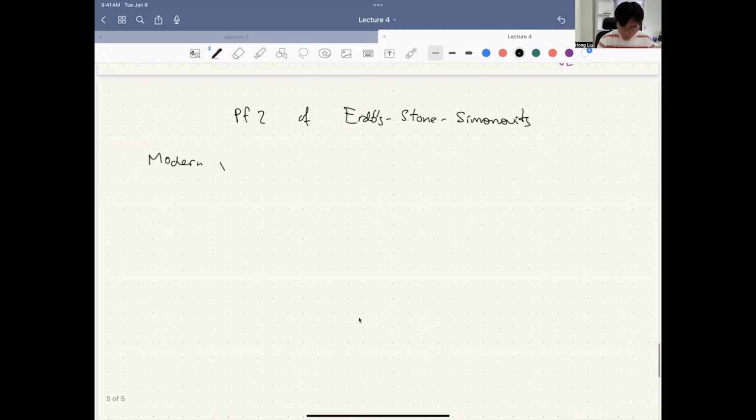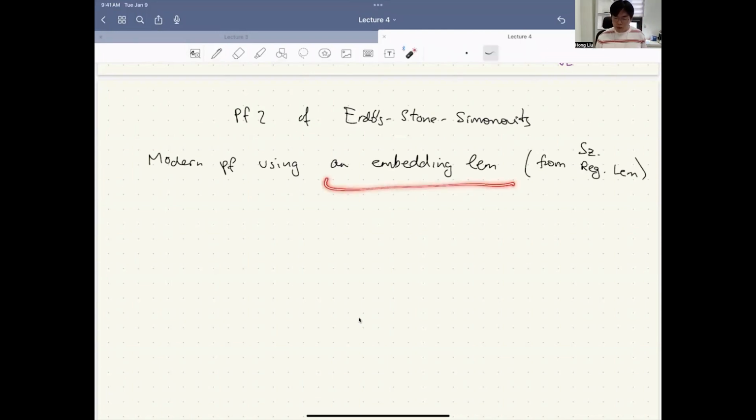It's a modern proof using an embedding lemma, which is from Szemerédi's regularity lemma. If you don't know what it is, don't worry about it now. Let's just assume we have some embedding lemma as a black box for now. Okay, I will tell you what this black box is.